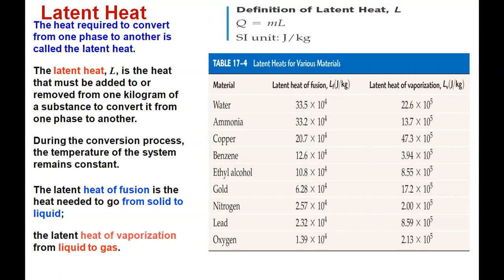The latent heat of fusion is the heat needed to go from solid to liquid. So the latent heat of fusion is the heat we need to convert from solid to liquid for all these materials.